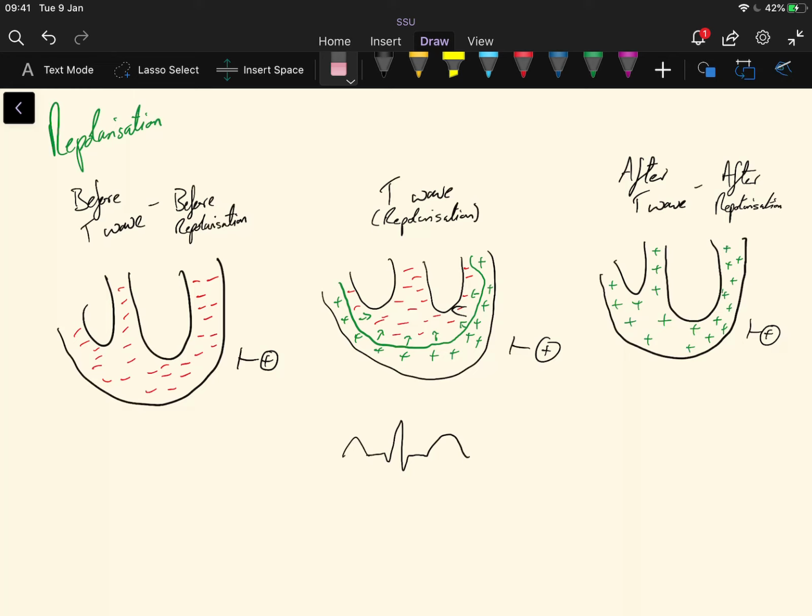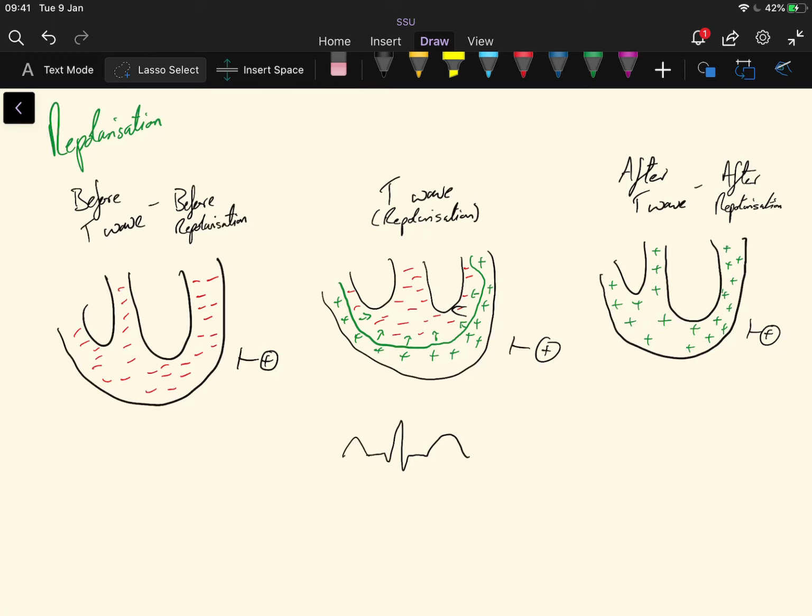Now you may notice that that's on the left side. On the right side there is positive charge moving away as well. But remember the left ventricle is a much bigger mass of muscle, so its electrical signal is greater.